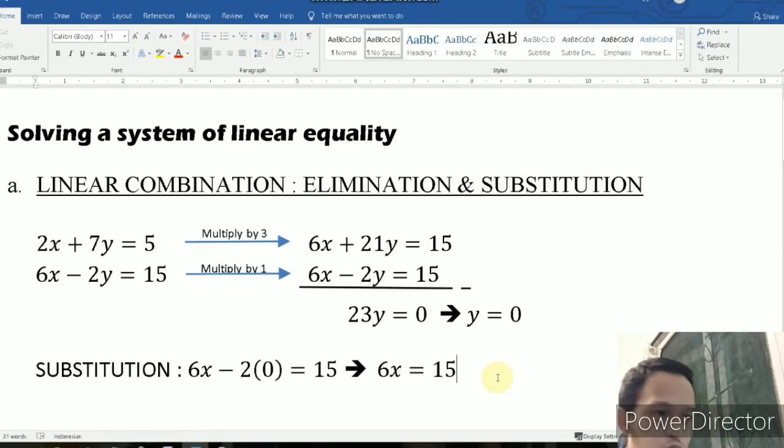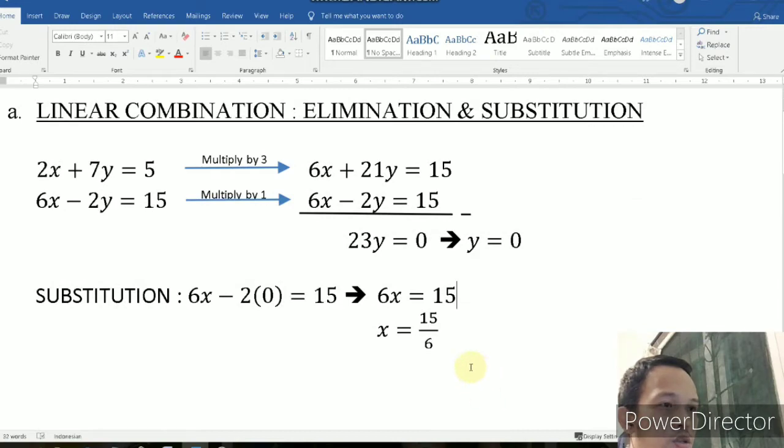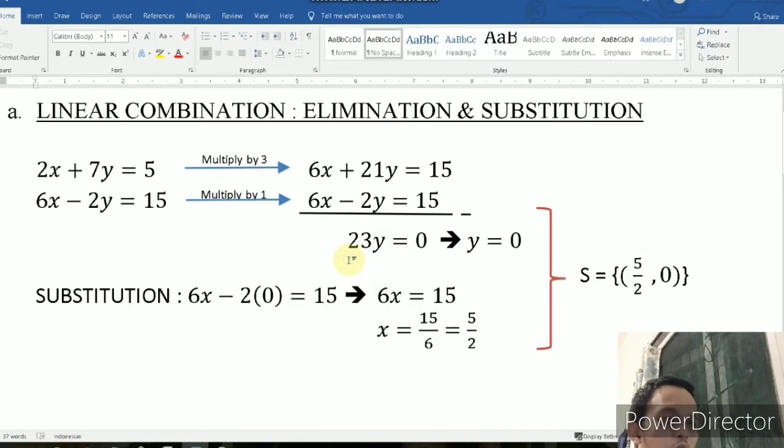When I simplify it, I will have 6x equals 15. Then let's use the multiplication property of equality. I multiply both sides by 1/6, and in the end I will have x equals 15 over 6. You can simplify it into 5 over 2 or 2.5. So we have found one solution, which is the only solution for this system, which is a coordinate.